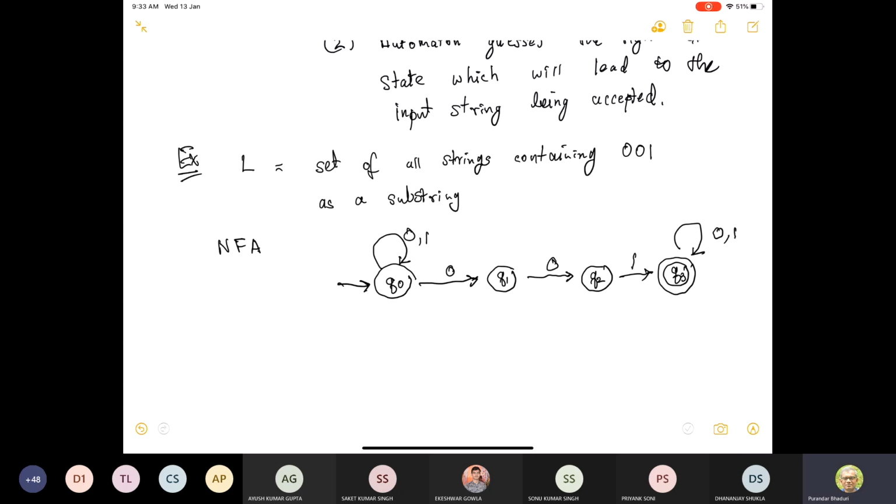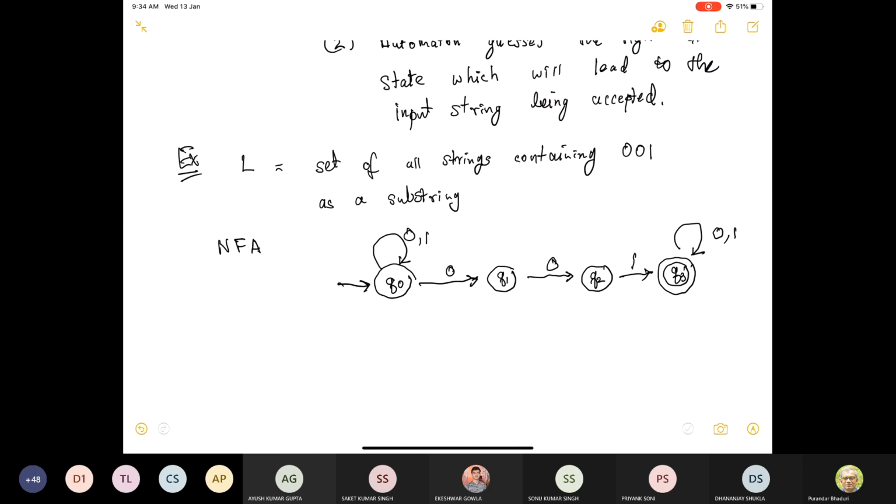What happens if it makes a wrong guess? Well, that computation just dies out. But the way we define an NFA is, as long as there is a correct guess which leads to acceptance, the language is accepted, which is clearly the case here, right?